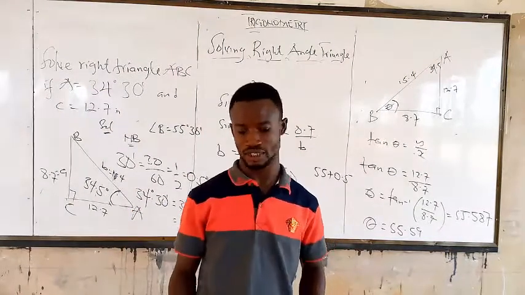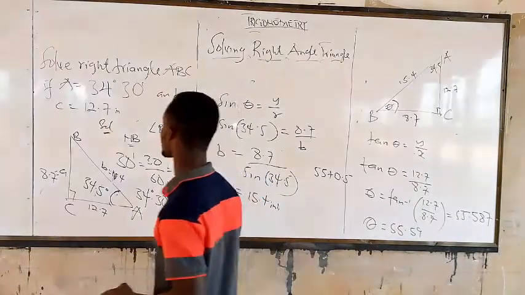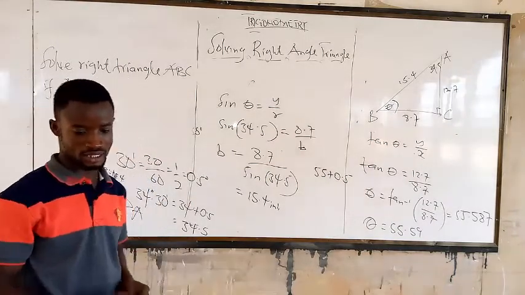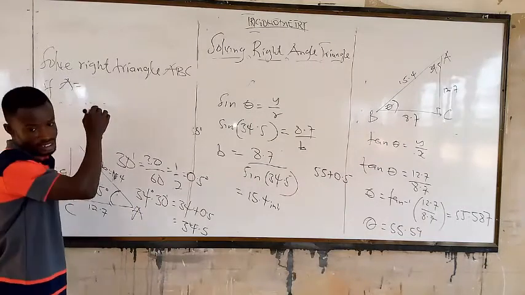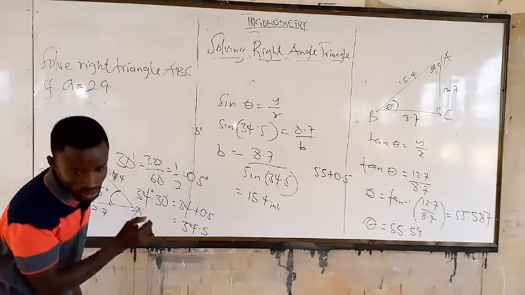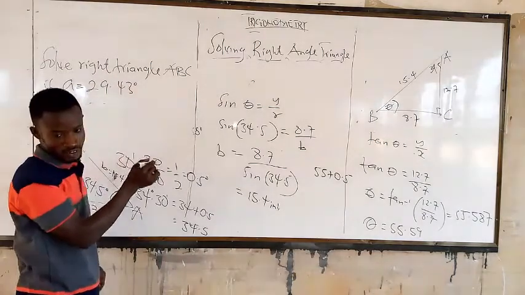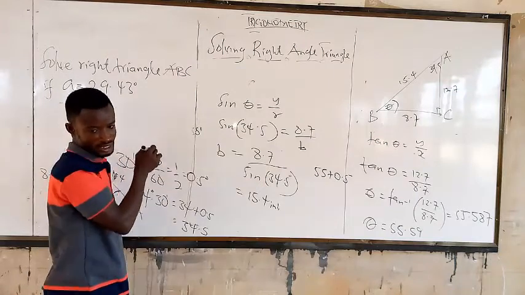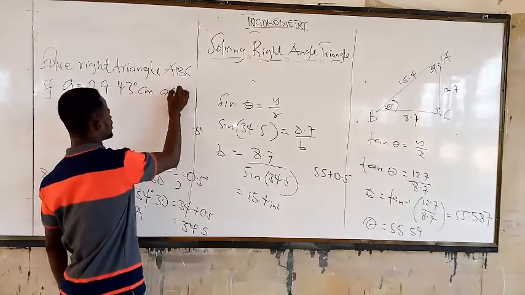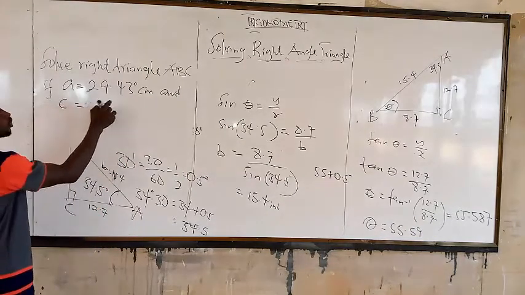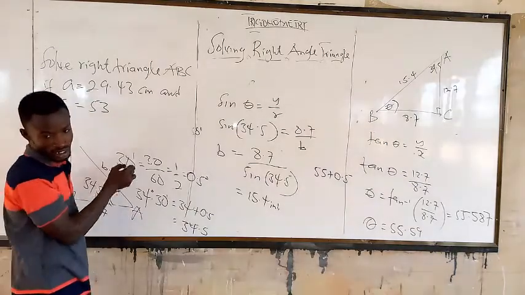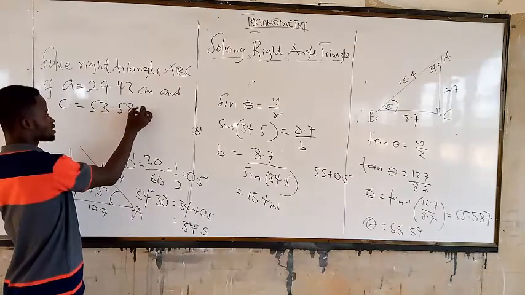Go and try it on your own. Solve right triangle ABC, if small a is 29.43 centimeters, and c is equal to 53.58 centimeters.